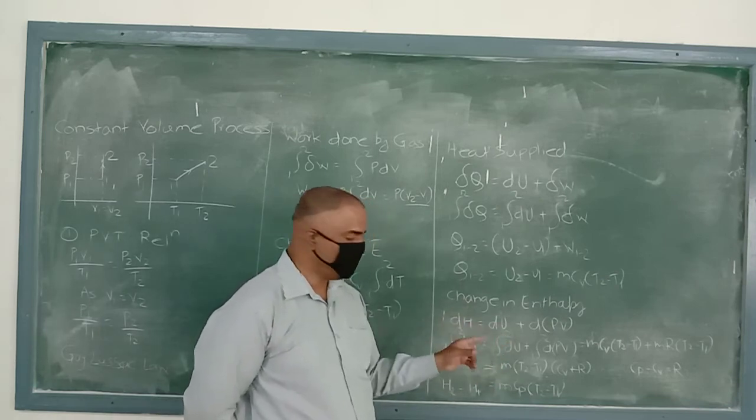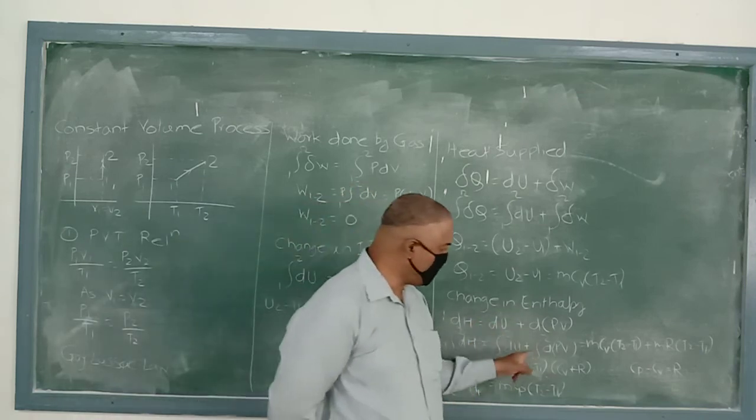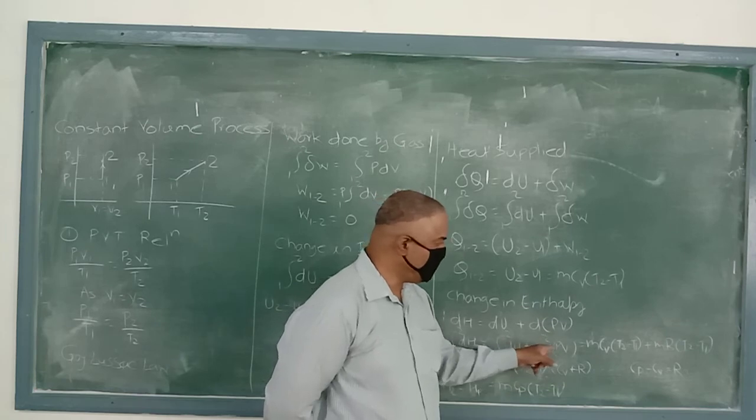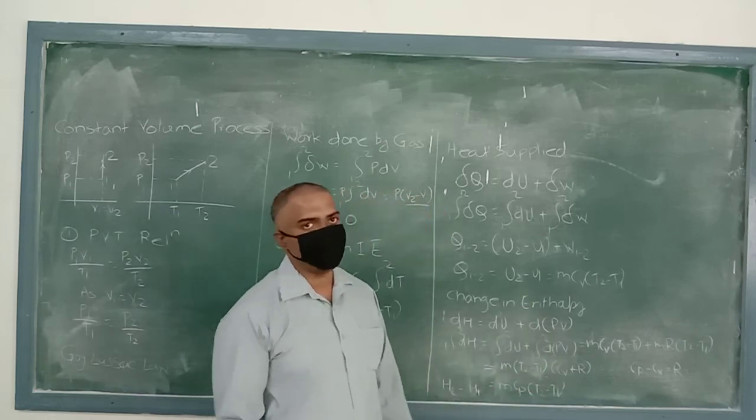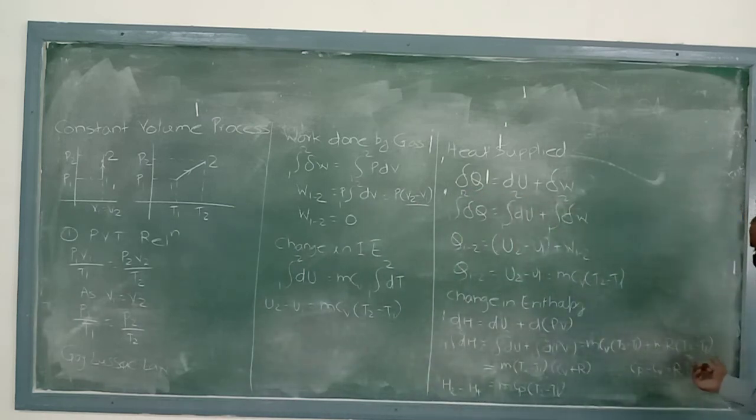So for this we get mCv (T2 minus T1), and integration of 1 to 2 d(PV) we find mR (T2 minus T1), because PV is equal to mRT, and m and R we are treating as constants, and T we are integrating and substituting the limits, it becomes T2 minus T1.